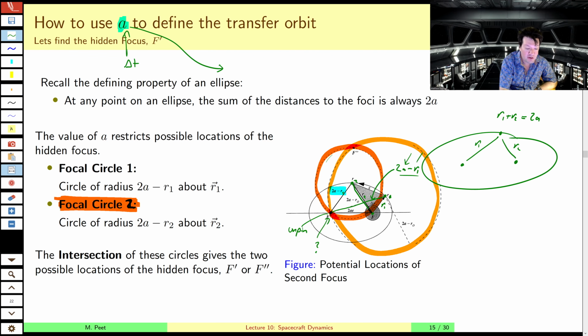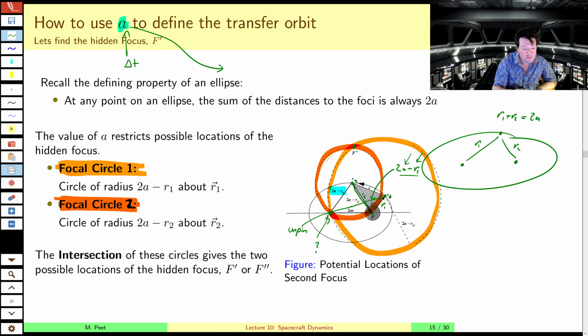We know a, we know r1, and we know a, we know r2. And so the possible hidden focal locations for the second focal circle lie on this one, which I've drawn a bit larger. Again, an infinite number of possible locations for the hidden focus. However, if we note that the focal location must lie on both circles, then we have, fortunately, restricted ourselves to only 2 points, the intersection of these two circles.